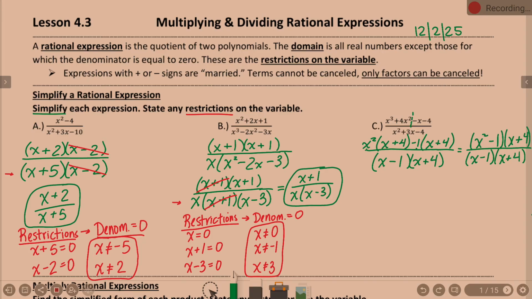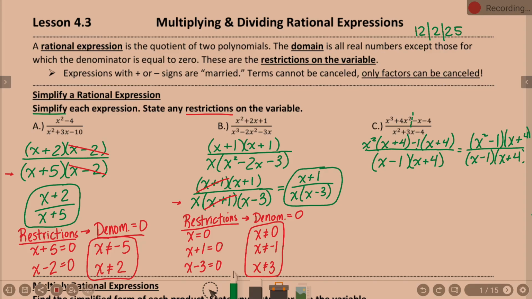Now, am I done? Am I ready to cancel? I mean, don't get me wrong, there is a canceling that could be done. However, you could go ahead and cancel that, but I'm going to say we're not done. What's the piece that we haven't dealt with yet?